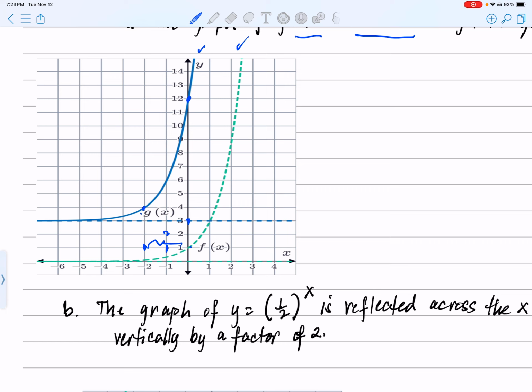That's the translation. Like here, if this is the y-intercept, it translated 2 units and 3 units up here, where the location of 3, 2. 3 units up, 2 units to the left. Okay, that is the translation that is being done in this graph.